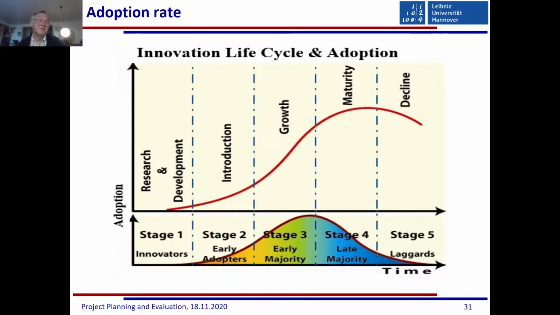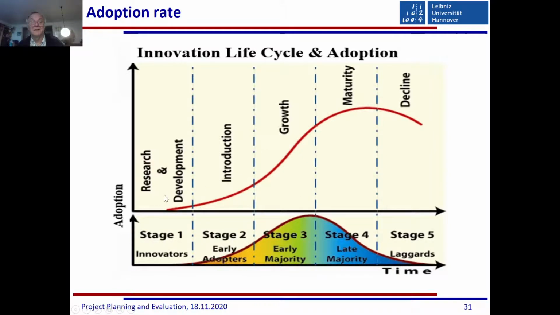There is the research and development stage. Ideally this is how it would be, but it's not always like that. Then you have the introduction phase, the growth phase, the maturity phase, and the decrease phase. Clearly, depending on whether this curve is steeper, this would directly affect the benefit.